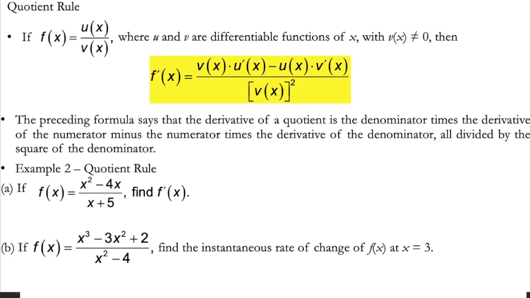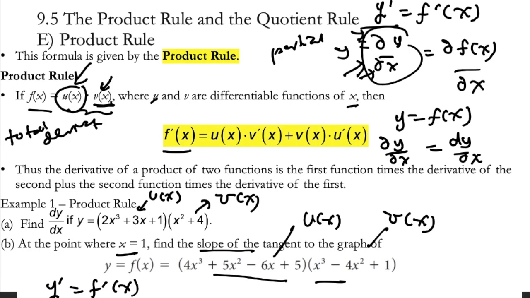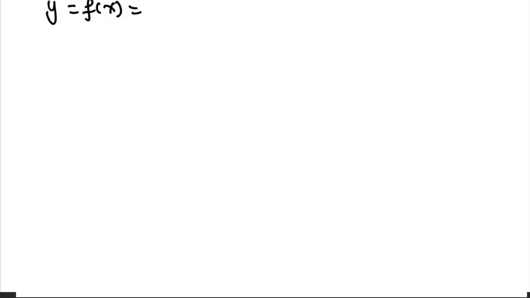Not this one, this is quotient rule. Okay, 4x cubed, and then this one. Alright, now here, let's do it.